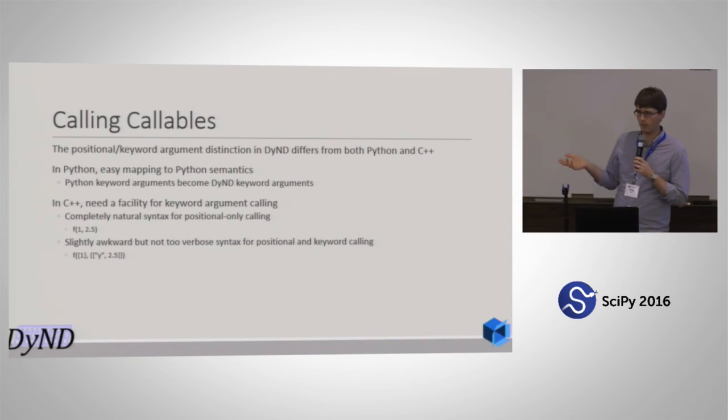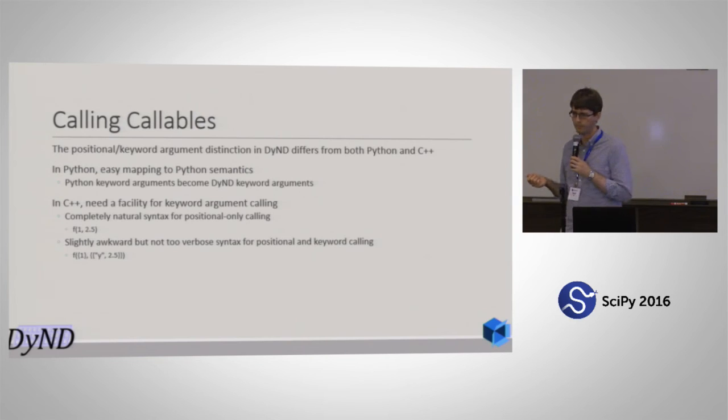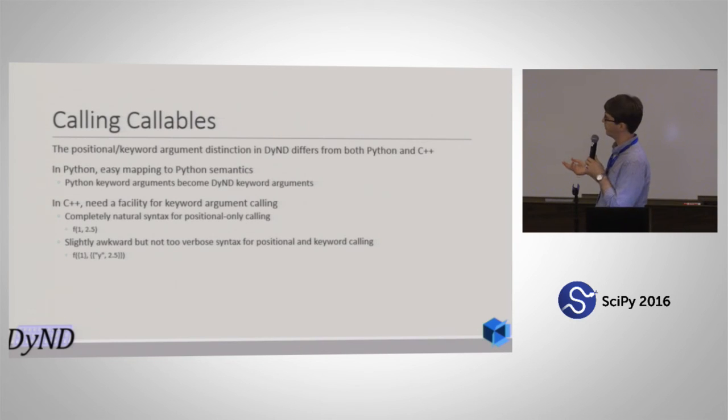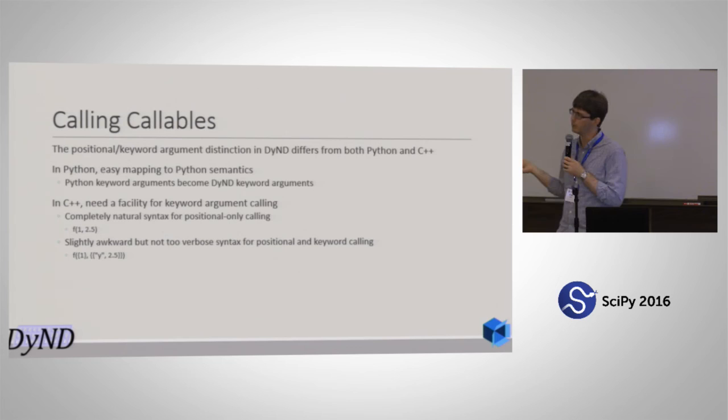Then calling callables is another somewhat tricky thing in different languages, because we've chosen a particular calling convention. We've got these positional array arguments and keyword dynamic arguments. It actually matches fairly well with Python, but it is more specific. Because Python is so flexible in what it accepts, we map the keywords and positional arguments in a natural way, and that's fine.